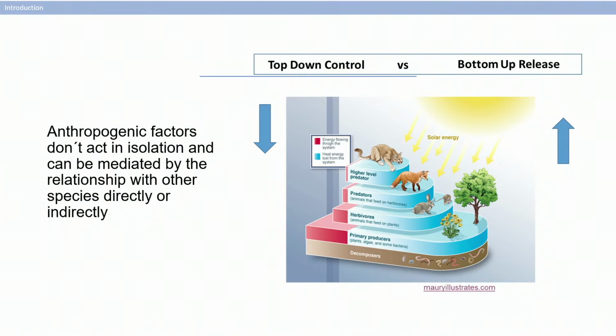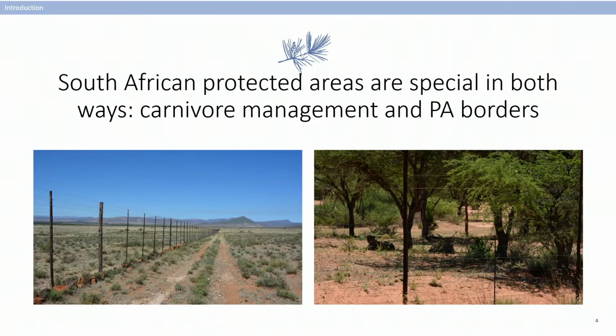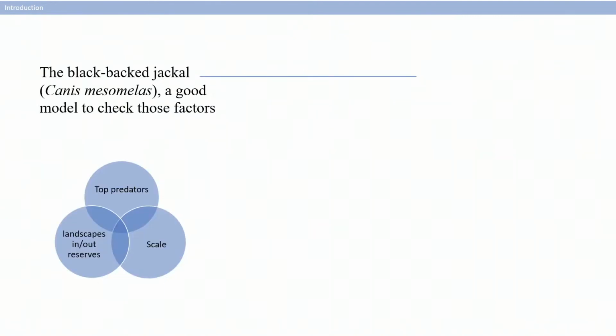It can be positive, it can be negative, but these factors can interact in one way or another, at a particular scale or at different scales. In this sense, South Africa is very particular because we have a lot of carnivore management, and the borders are sharper, and you also put fences around the reserve, so that has some different implications.